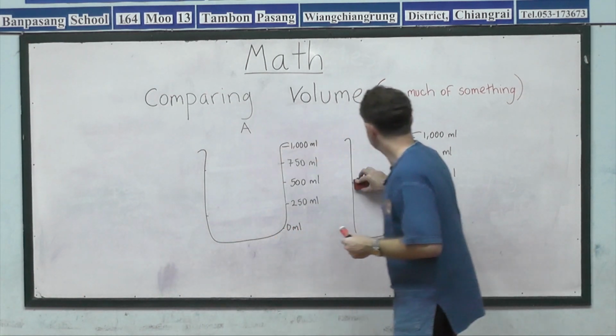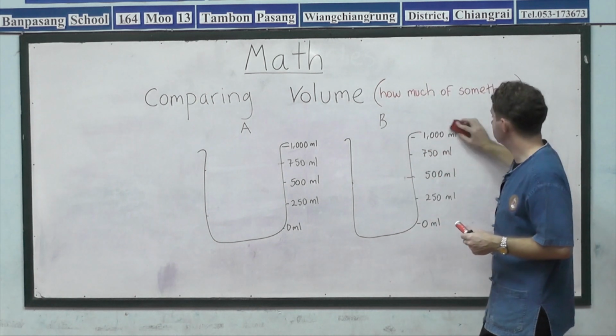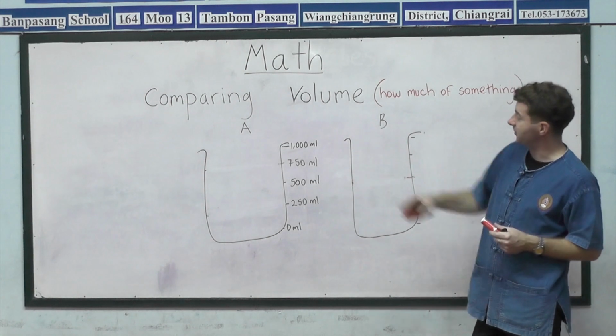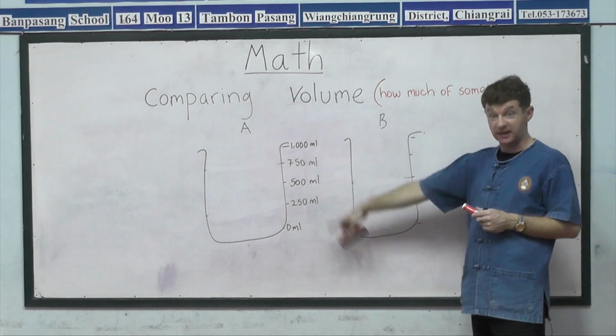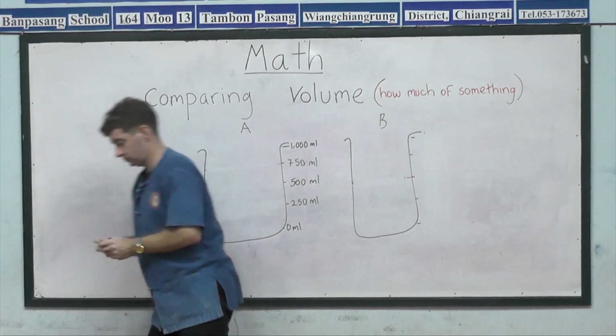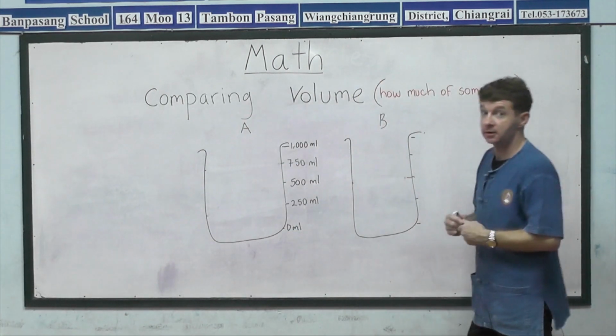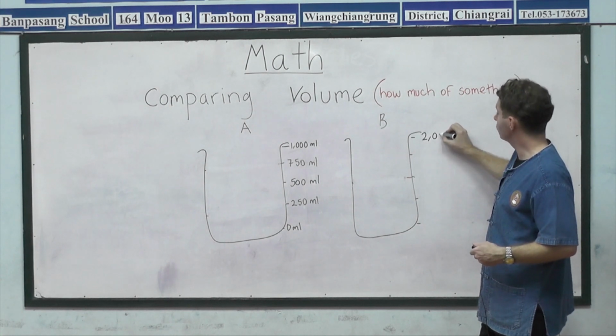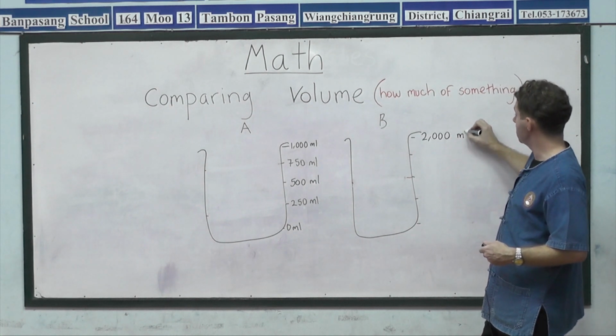But now, I will change it slightly. The capacity of container A will stay the same, 1,000 milliliters. However, container B capacity, 2,000 milliliters.